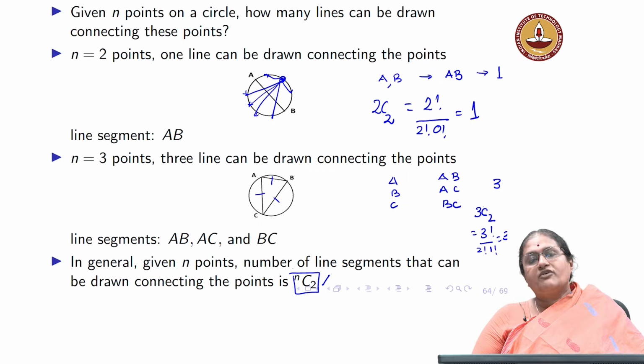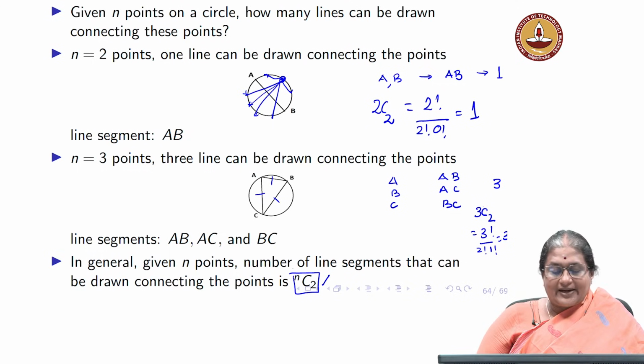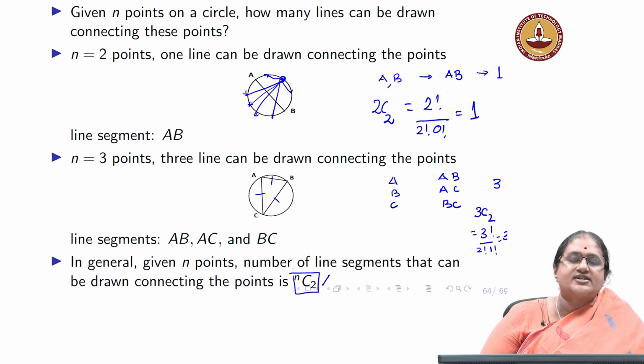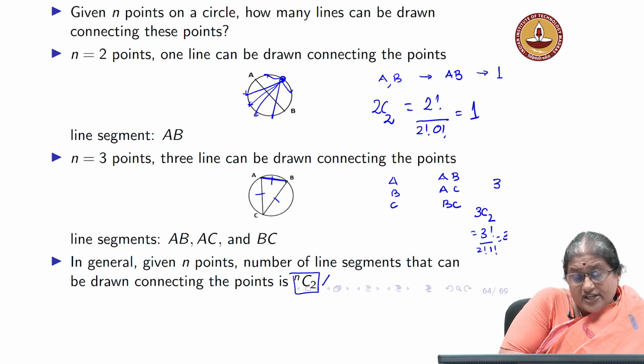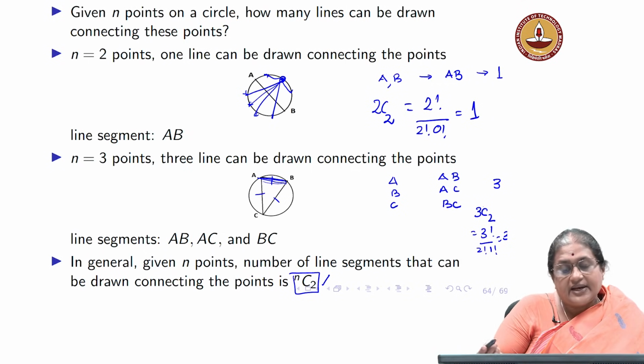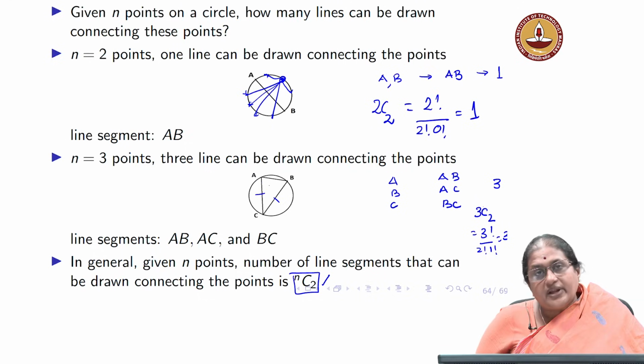So, the number of line segments that can be drawn connecting the n points is n choose 2. Again, there is no direction in this line, I just have a line which is AB. The order is not important because whether I refer to BA or AB, it is the same. So, I am looking at a combination.